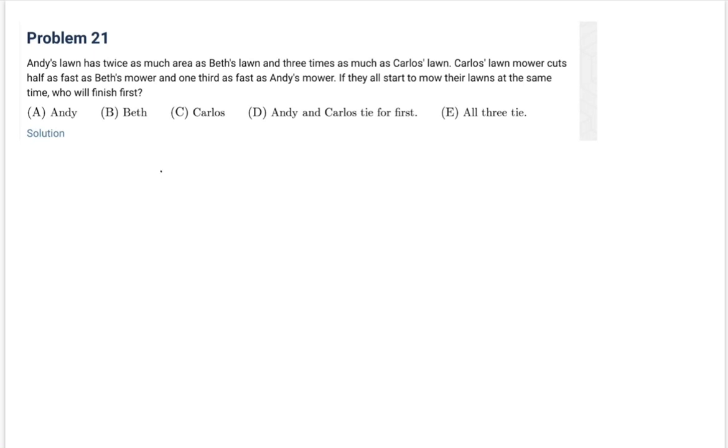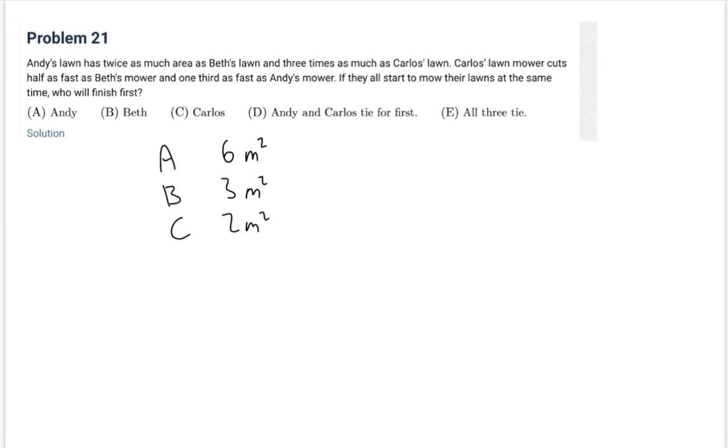Okay, so let's say Andy has 6 square meters. And then Beth has 3 square meters because he has twice as much. And Carlos would have 2 square meters because he has 3 times as much.